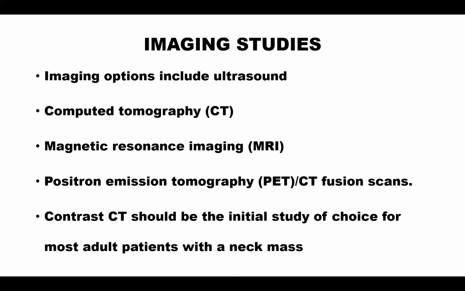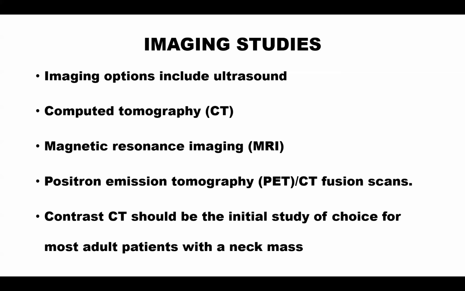Imaging studies, you cannot do without that. Start with basic ultrasound. If you don't have CT, if you're dealing with an abscess, CT with contrast, MRI with contrast, PET, that one you're doing for malignancy workup, and in benign lesions, you're not expected to do PET scan.